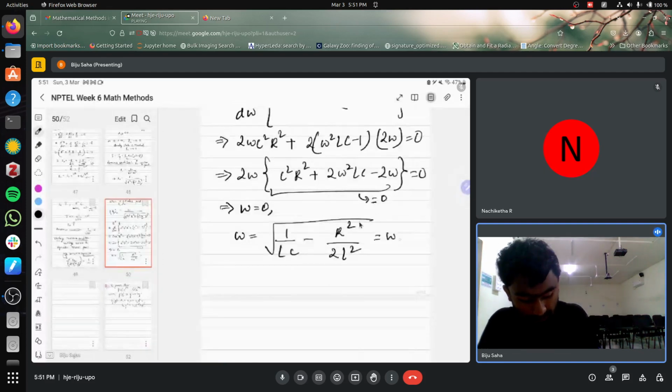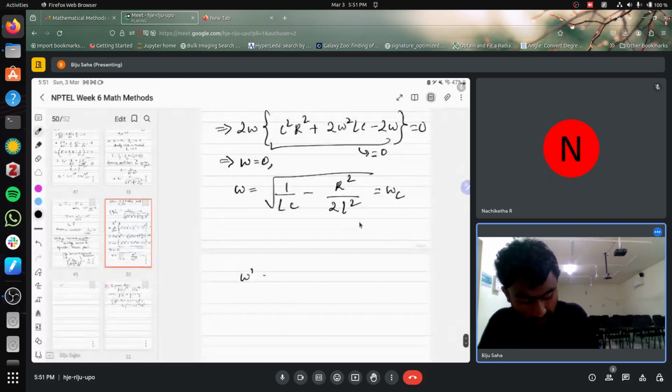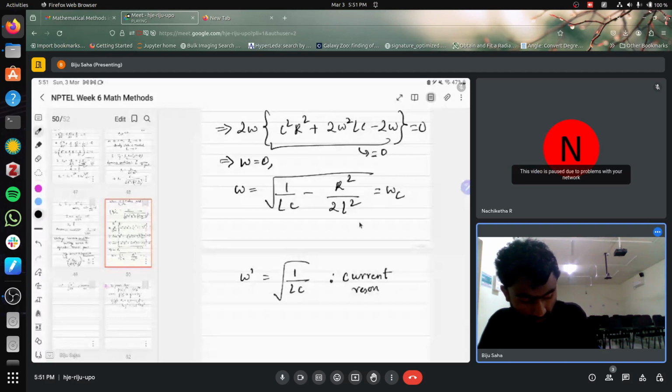We obtained earlier omega dash to be 1 by root of LC. So this was my current resonance condition, and this is my voltage resonance condition.